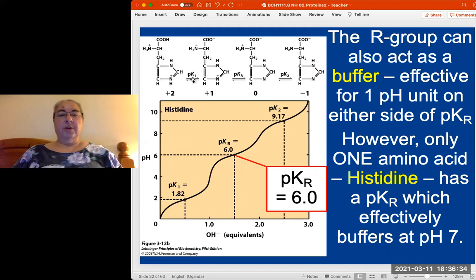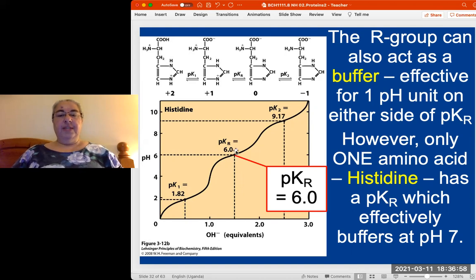And there is a proton here that can be released. So here we see pK1, pKr, and pK2, again reflecting the release of the protons, but in this case, pKr happens at a pH of 6.